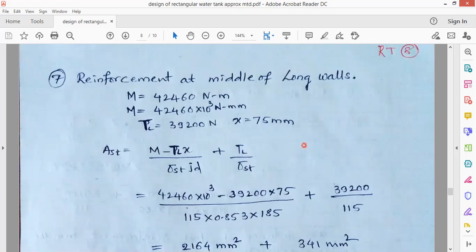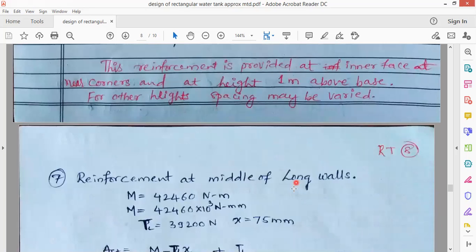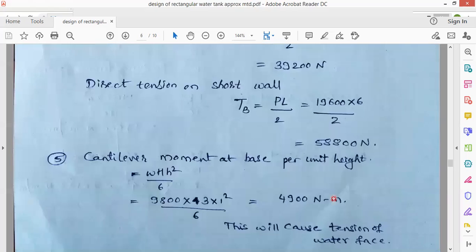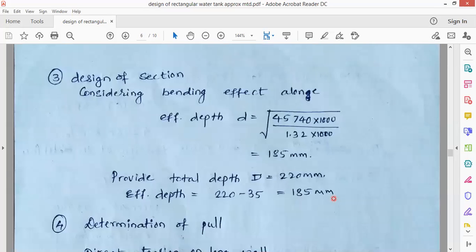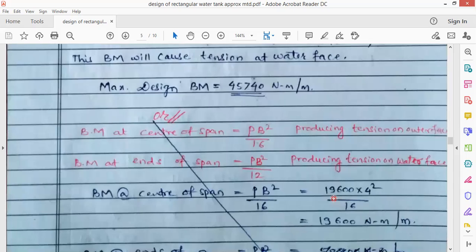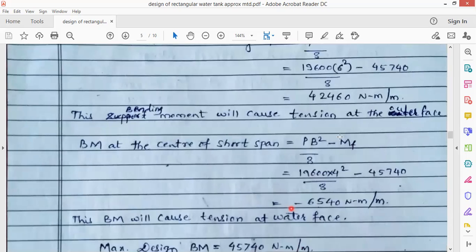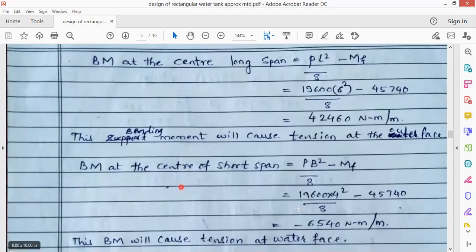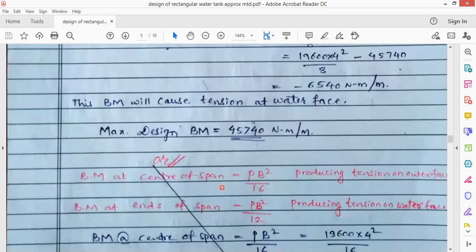So the moment I have calculated is 42,460 Newton meter initially. So we'll go back to that calculation. Okay, here is the central span moment, right? So this is the central span moment for long wall and similarly for the short wall also.